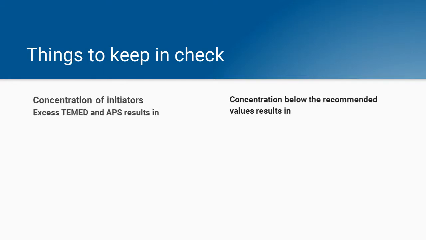Concentration of initiators also affects the polymerization process. There are two things: either you are using excess of TEMED and APS, or you are using TEMED and APS below the recommended value. These two things always affect your gel formation. When you use excess TEMED and APS, this will decrease the average polymer length, and because of this the gel will become more turbid, meaning it will not be a transparent gel.